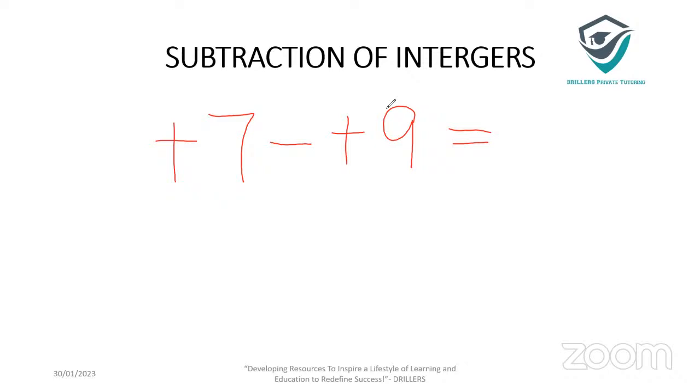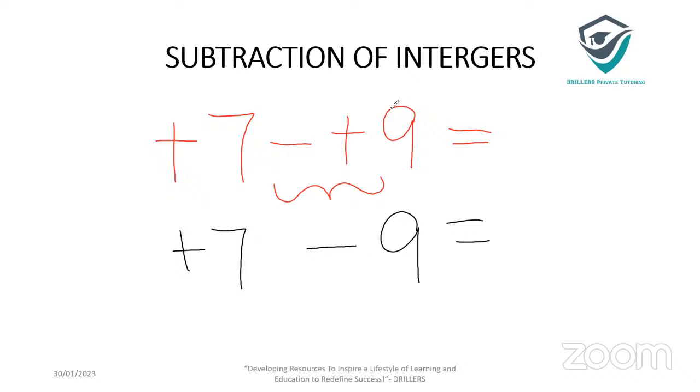So remember, different signs can be replaced with a negative sign. So if I wanted to rewrite this question, I can say this is +7 take away 9.